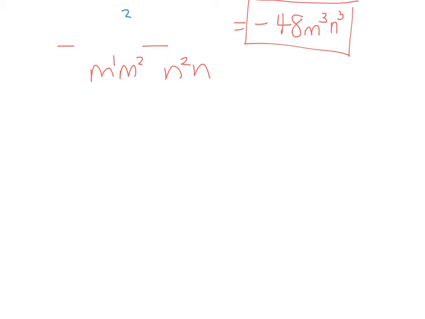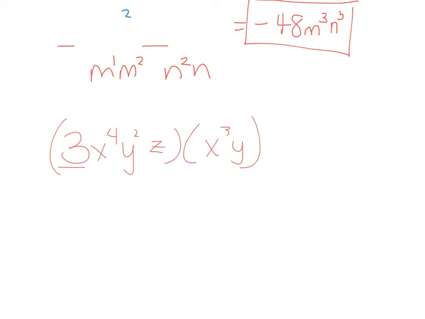How about 3x to the 4th y squared z times x to the 3rd y? Okay, I'm multiplying 3, and there's no number here, but it's like 3 times 1, which is going to be 3.